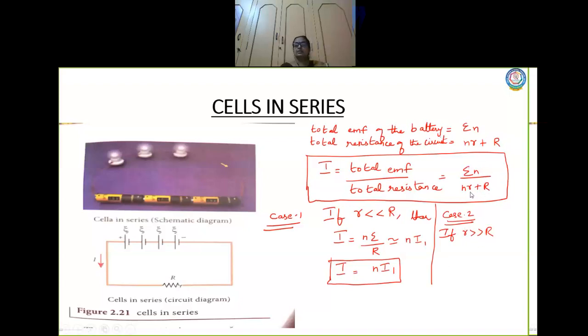Now this value is going to be greater than this, so definitely this term, capital R, will not be there because we consider it to be very, very small. So I have the equation of current as I is equal to psi n by n into r. Here n gets cancelled. So the equation for current is psi by r.